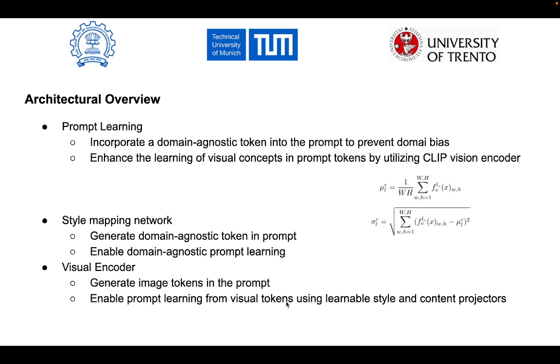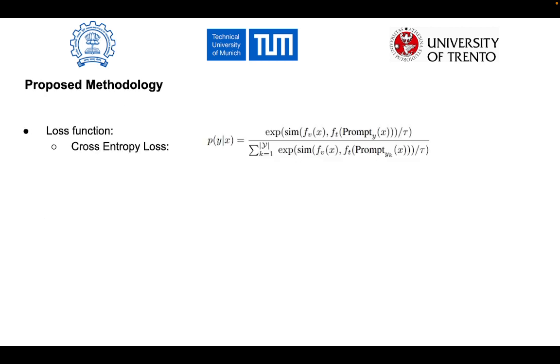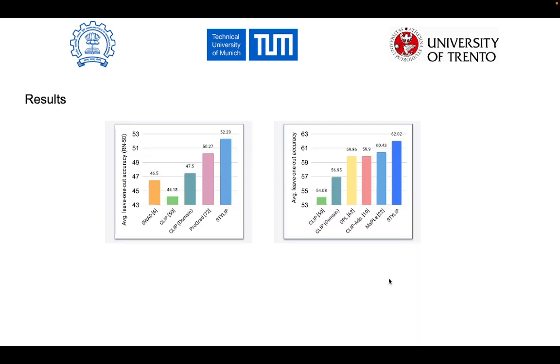For the style and content information, this is the cross interpolation which we have used, and in the results we can certainly see that using the frozen CLIP for both ResNet 50 and Vision ViT-B/16, STYLIP outperforms by a fair margin.